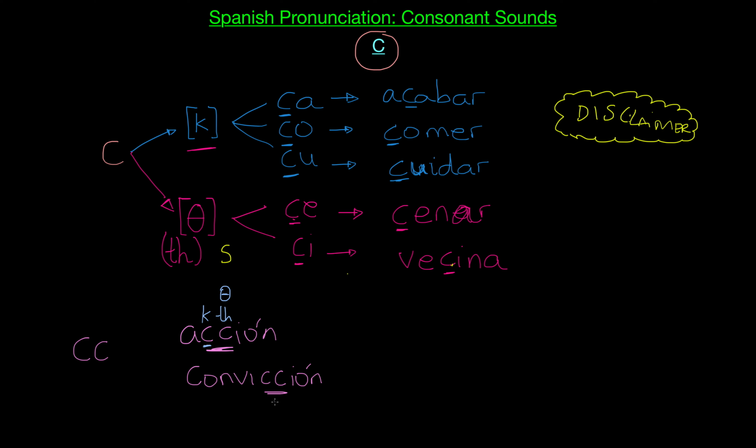This other word, think about it, if this is acción, this one will be convicción, okay? So whenever you find two Cs together, the first one sounds k, the second one sounds th: acción, convicción. And that's pretty much it for the sounds of the C's. Thank you very much. Bye.